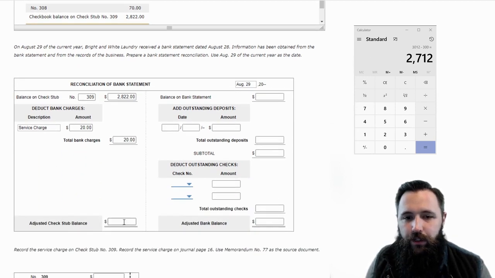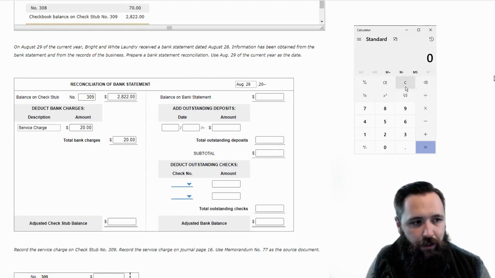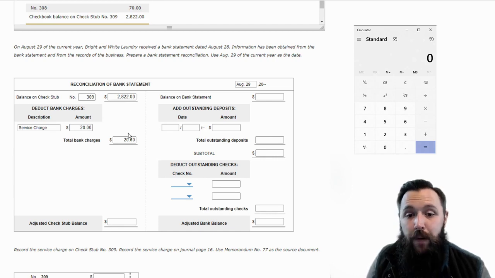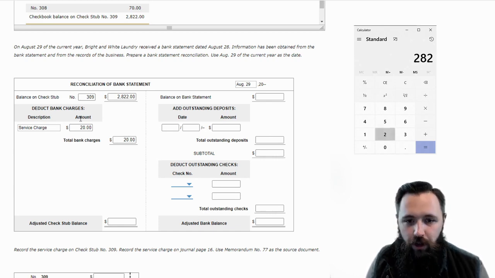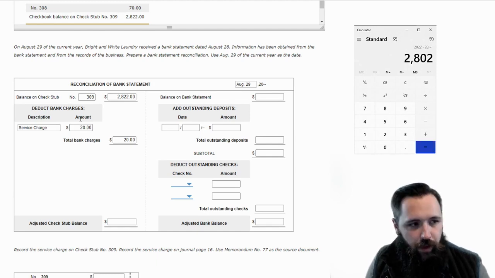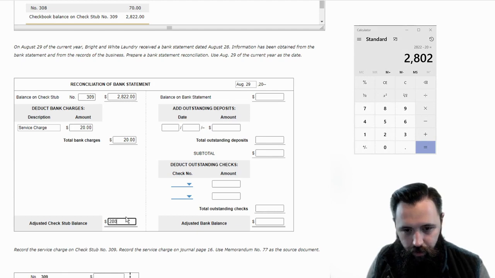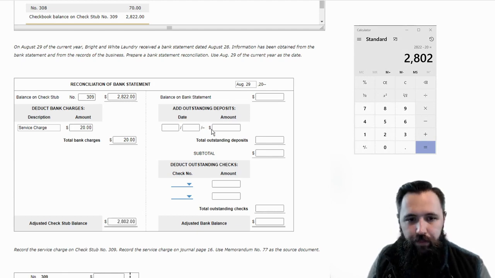And now we have an adjusted check stub balance. So how do we do that? Well, we're going to take the amount that was carried forward minus the charges, because the charges are going to cost us money, right? So let's go like that. 2,802. Okay. So this is our new check stub balance.